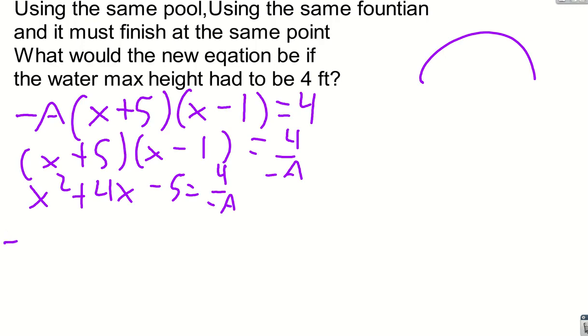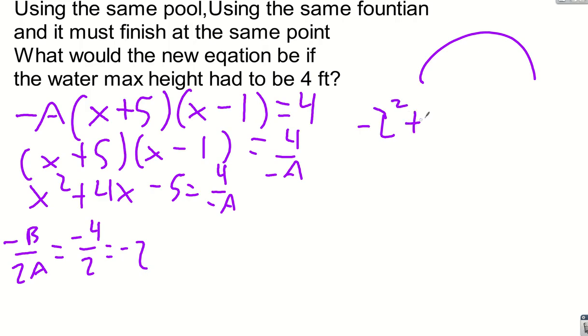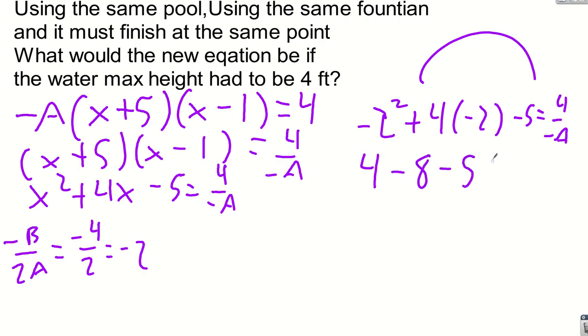So it's still going to be negative b over 2a. So it's going to be negative 4 over 2 or negative 2. I'm going to plug that back in. And I have negative 2 squared plus 4 times negative 2 minus 5. And that's still going to equal 4 over negative a. So now I get 4 minus 8 minus 5 is equal to 4 over negative a.